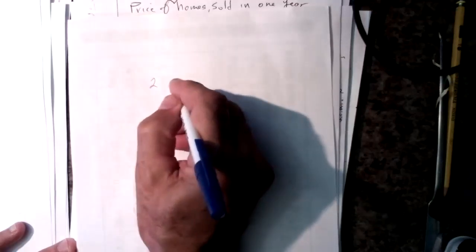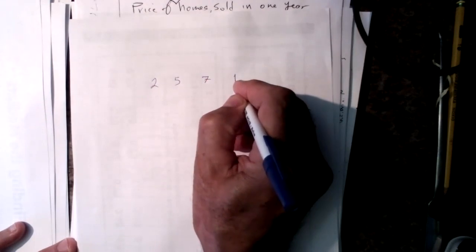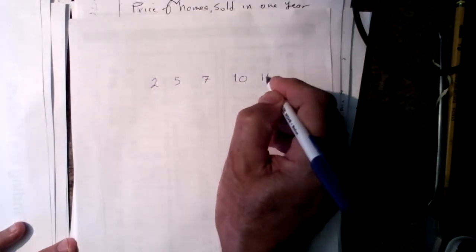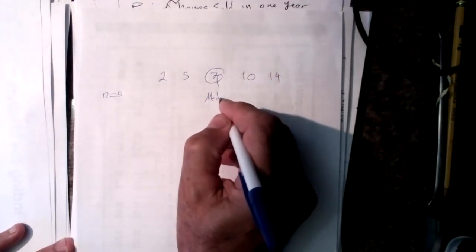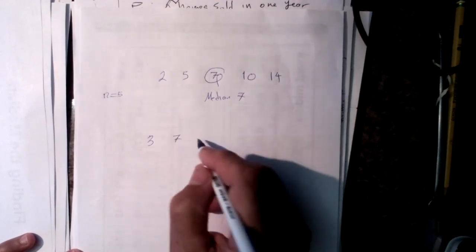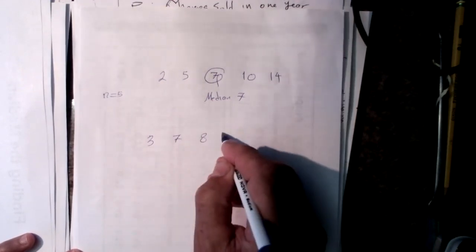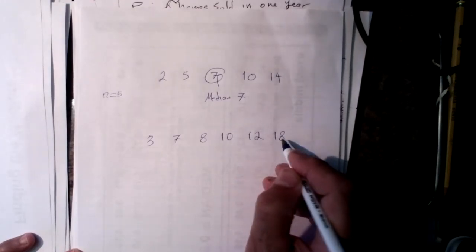For instance, let's think of a very simple example. Let's say you have these numbers: 2, 5, 7, 10, and 14. How many numbers do we have? n is 5. What number is exactly in the middle? 7. So your median is 7. But let's say you have numbers like this: 3, 7, 8, 10, 12, 18.